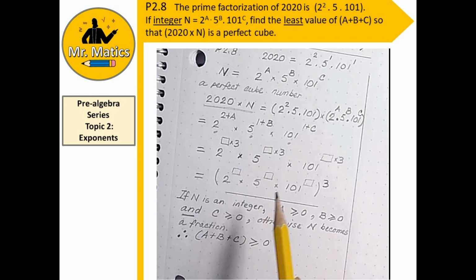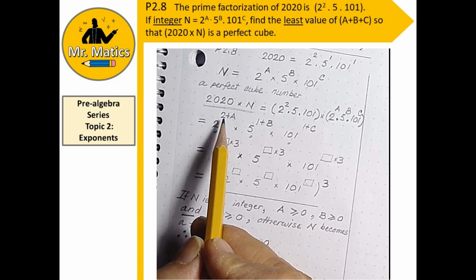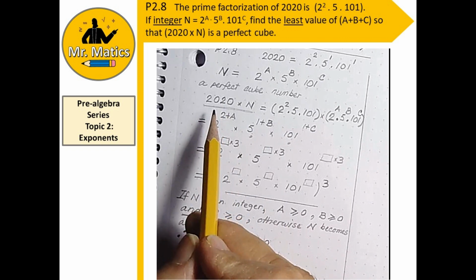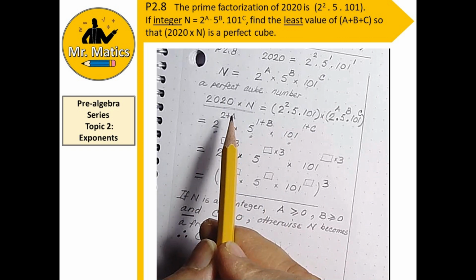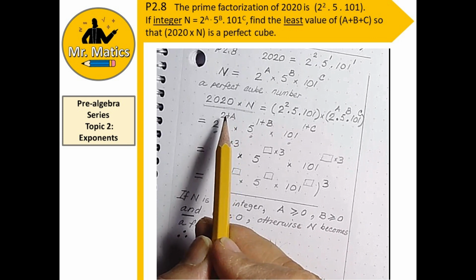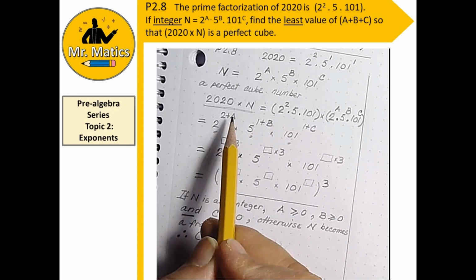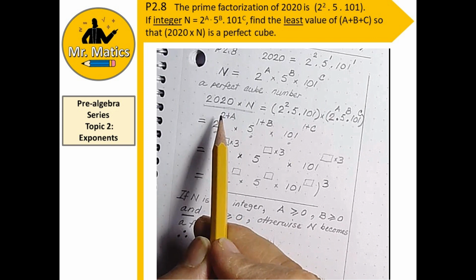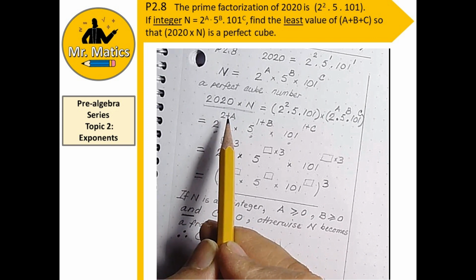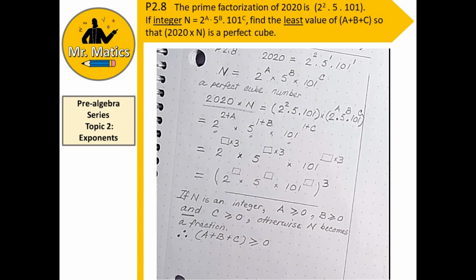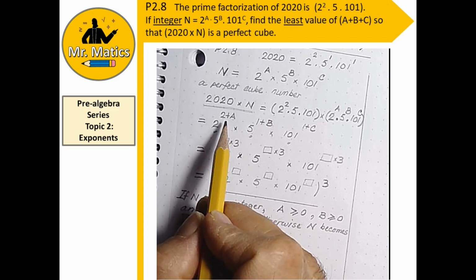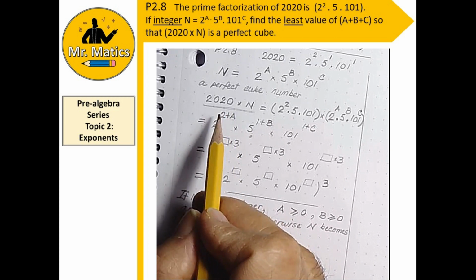So from here, I can also say that 2 plus a has to be greater than or equal to 0, and it also has to be a multiple of 3.